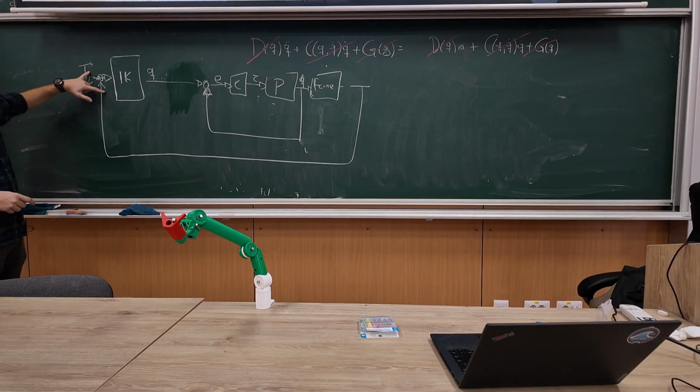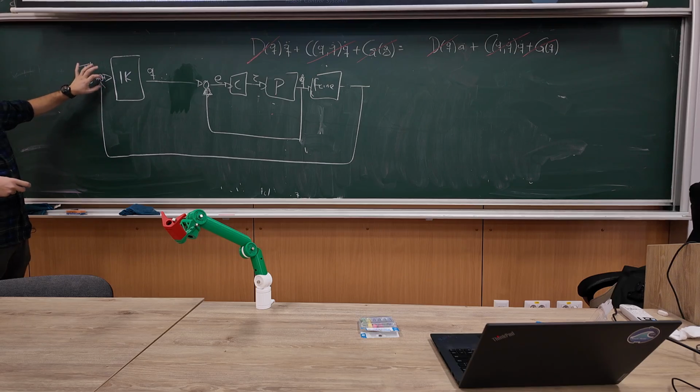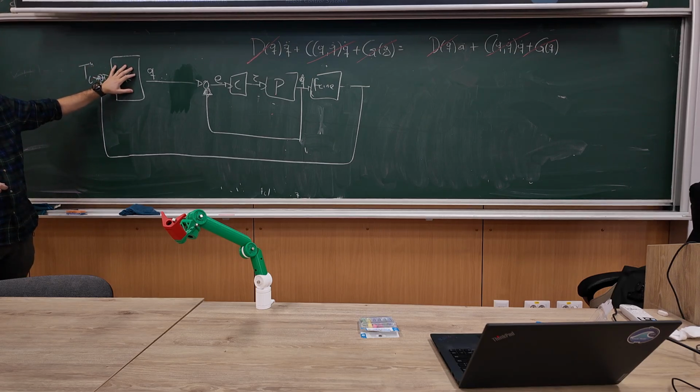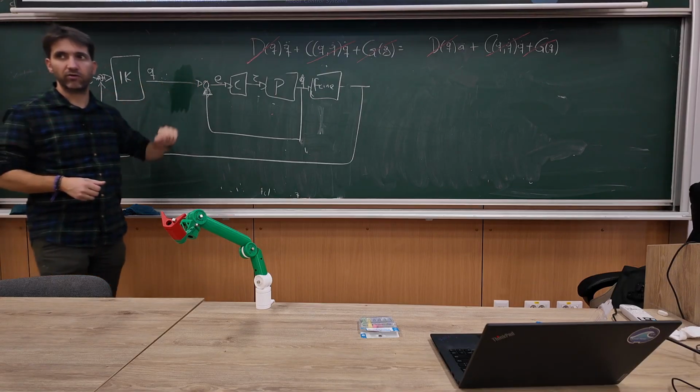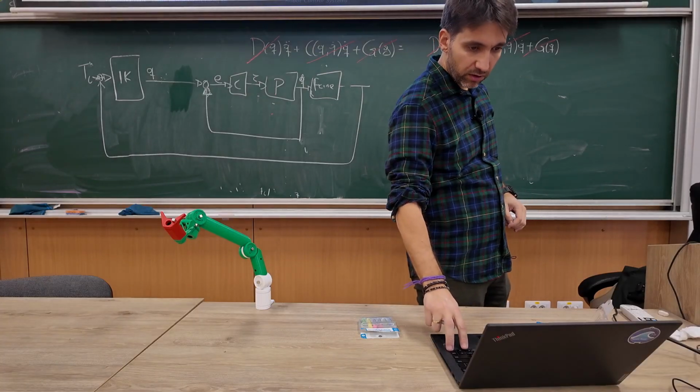So I still have to translate the difference in pose into difference of joint coordinates. We could do something like this with the Jacobian, because the difference of pose is difference of position, which is basically a differential of position, so basically velocity. So I could use the Jacobian maybe from this difference to calculate difference of joint positions, so basically an error for joint positions, but that's typically not what we do.